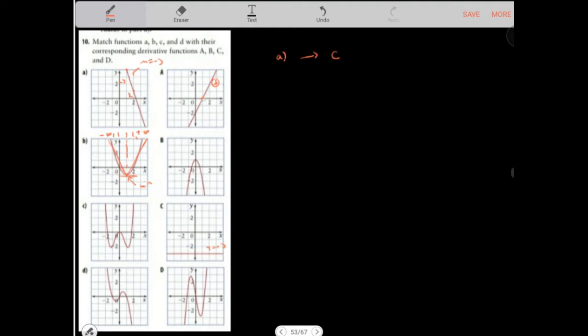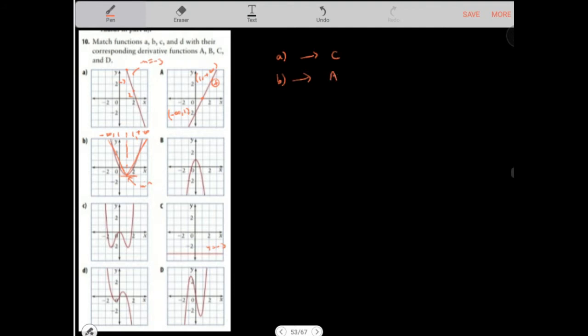The slope is positive from 1 to positive infinity, and negative from negative infinity to 1. In terms of the derivative function, a positive slope would be above the x-axis and a negative slope would be below the x-axis. So keep that in mind. That means lowercase b should be graph A.